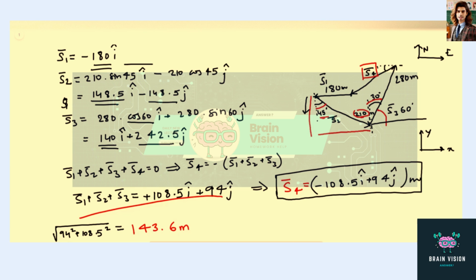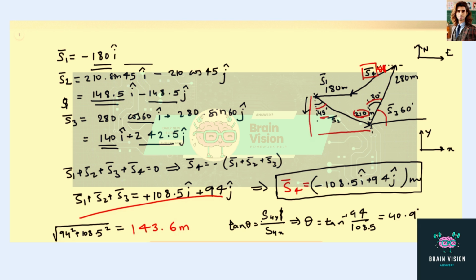Similarly, we can find the angle it makes with the x-axis, which is this angle, theta, because tan theta is the y component, S4y, divided by S4x. Hence, our theta is tan inverse of 94 by 108.5, which turns out to be 40.9 degrees.